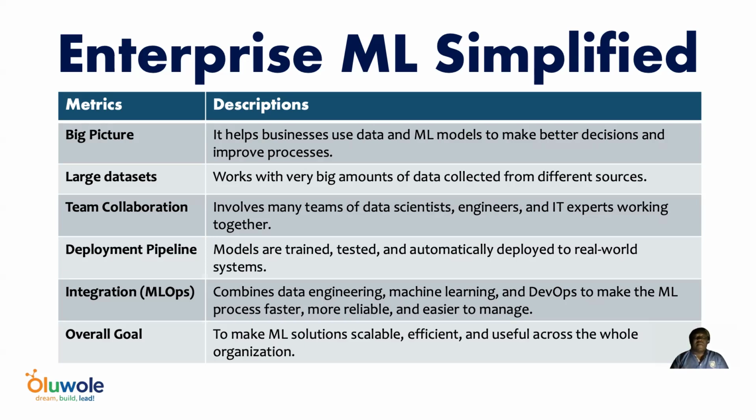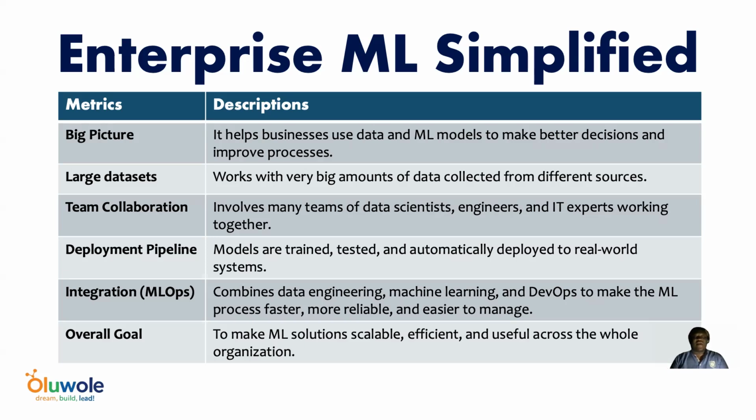Then deployment pipeline. Models are tested and automatically deployed to real world systems. It's beyond that one that I just told you, deploying using Flask. This one, you are creating a system or a model or a machine that people can use in real world situations. Then it calls for integration.